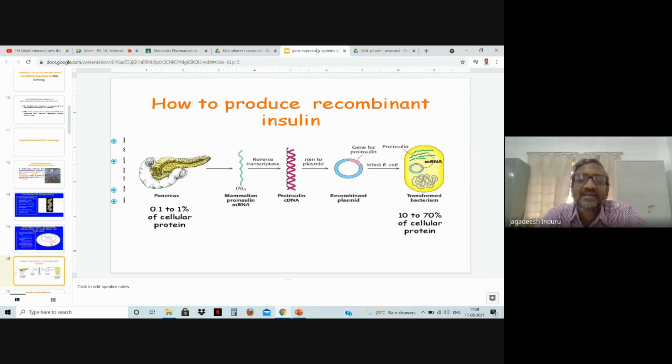The plasmid is a circular DNA material present in the bacteria, and we insert this segment, which is specific to synthesizing human insulin, and introduce this recombinant rDNA into the cell of a particular carrier, that is the vector.